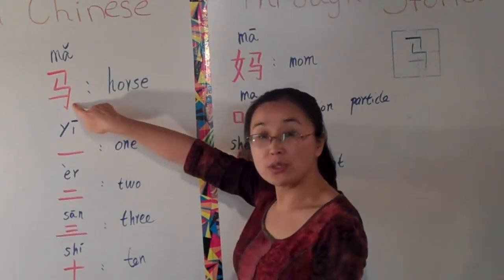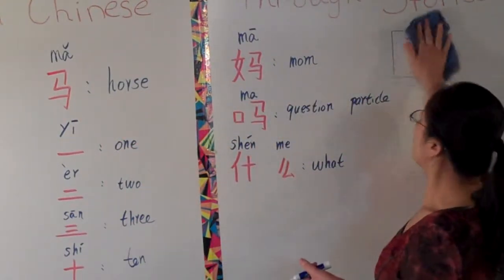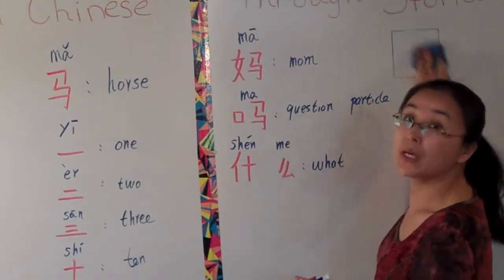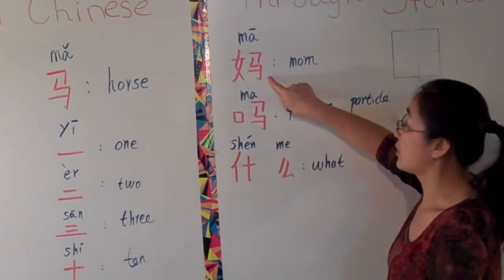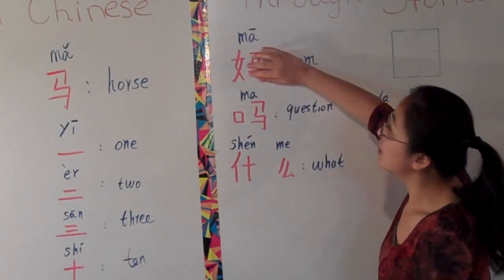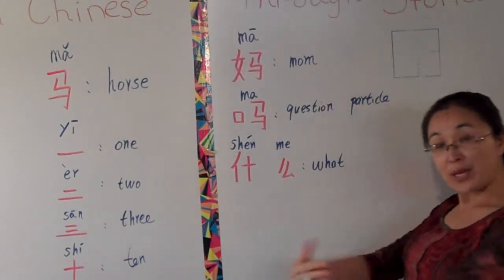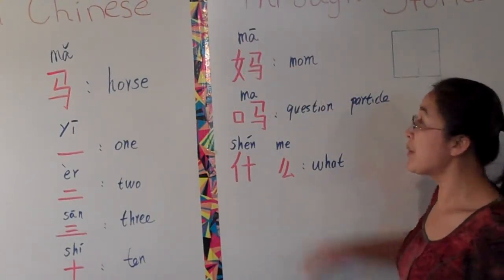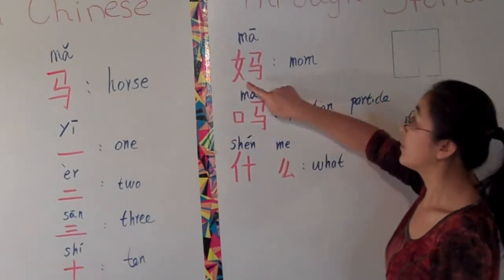How can we use this character combined with some other ones we learned yesterday to make new characters? Let's have a look at this character. It has the left part. Do you still remember the meaning? The big belly, right? Female. So it has a female and a horse.